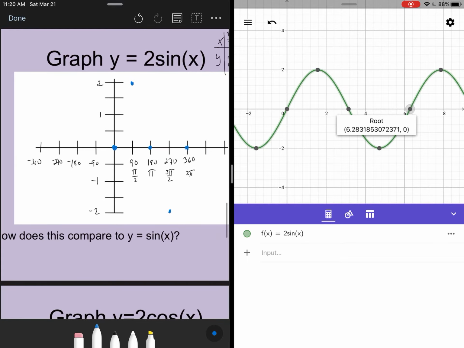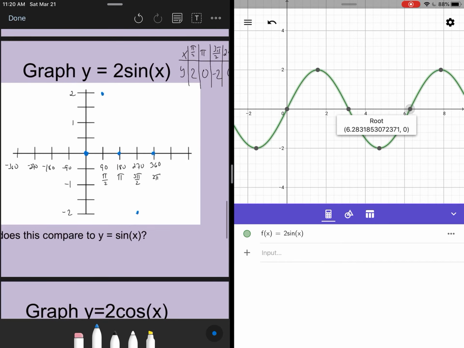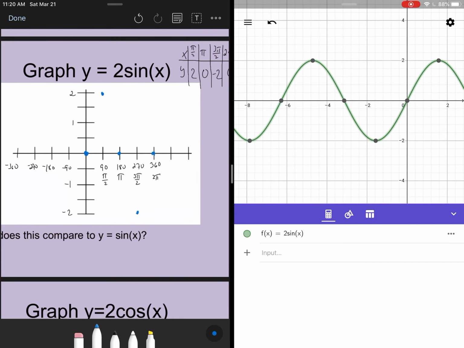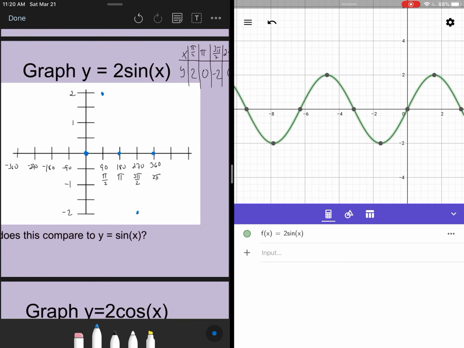Okay. Now going off of that, we can pretty much figure out on our own what the negatives are going to be, or simply scroll to the left of your graph. When it's negative pi, it's going to be negative 2. I'm sorry, not that. Negative 180 is going to be 0.